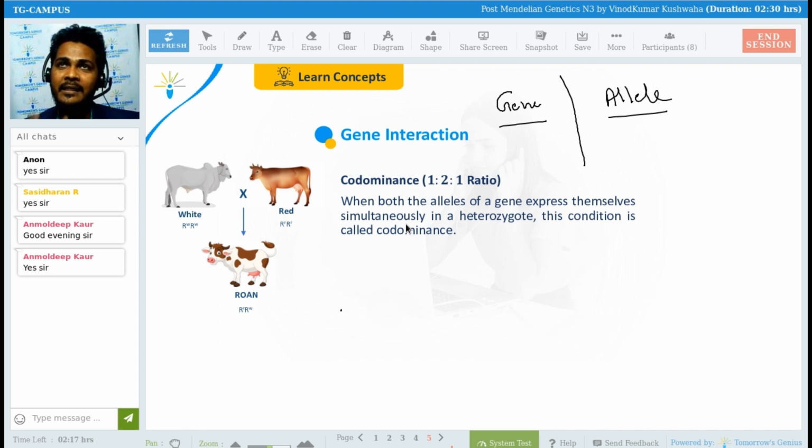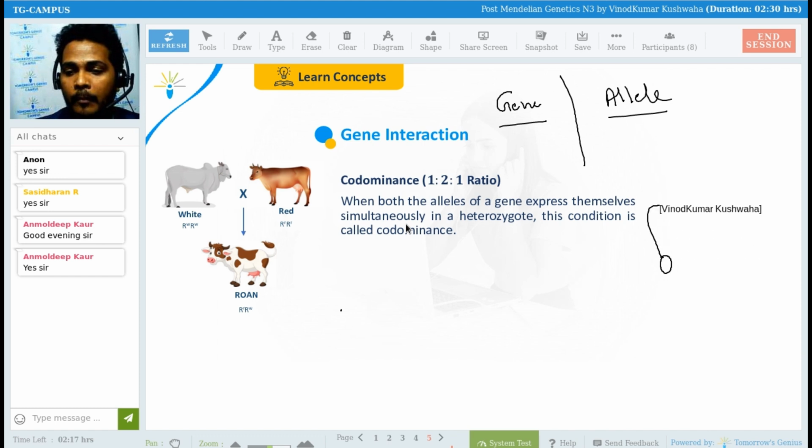So we can say a gene is a particular segment of DNA which controls a specific trait. But an allele is a variant of a particular gene. It's a kind of variant. I can tell you with very simple definitions. Suppose this is a particular chromosome, right?